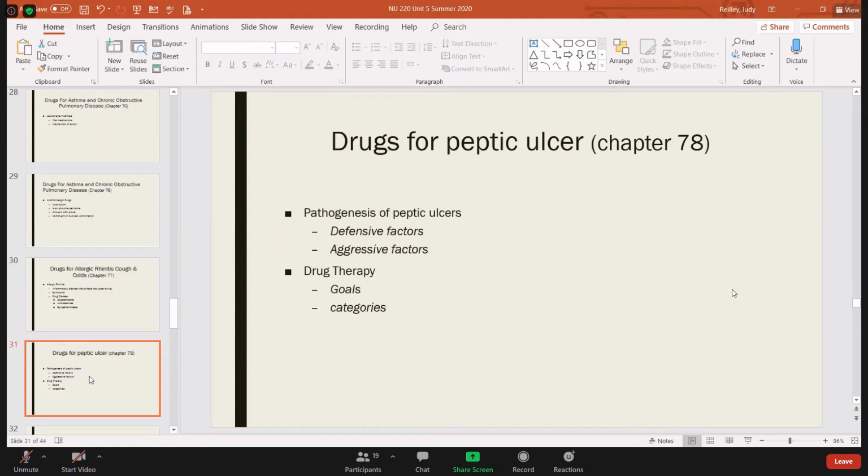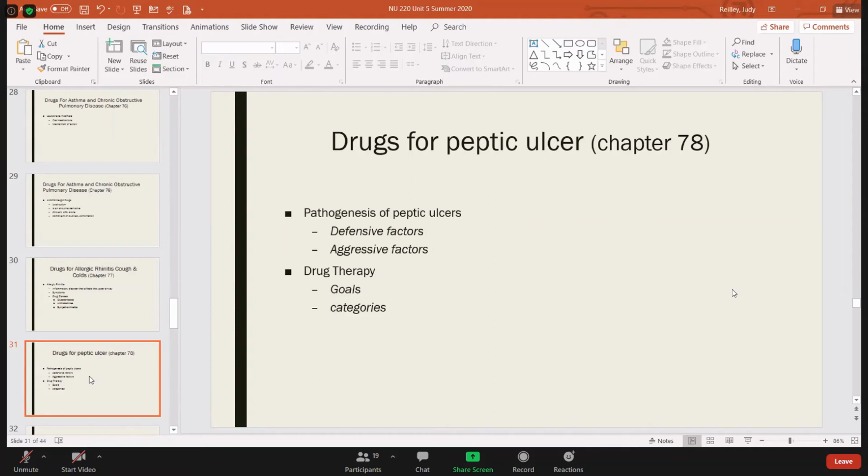So when we look at peptic ulcers, we're basically looking at the major defense factors, which are the mucus and the bicarbonates.